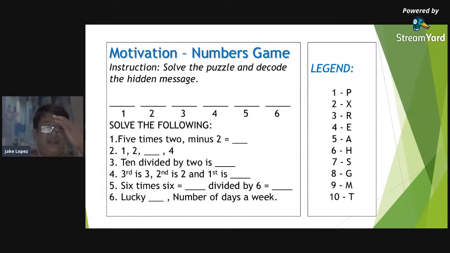There is a puzzle here that you need to identify. Medyo nag-English tayo, no? Can you identify what is the blank here? There's a hidden message. First is 5 times 2 minus 2. So what's the answer? 5 times 2 is 10, minus 2 is 8.